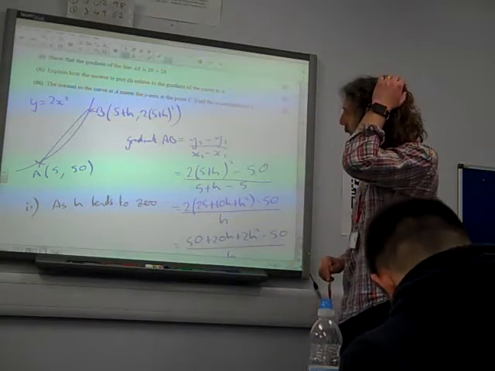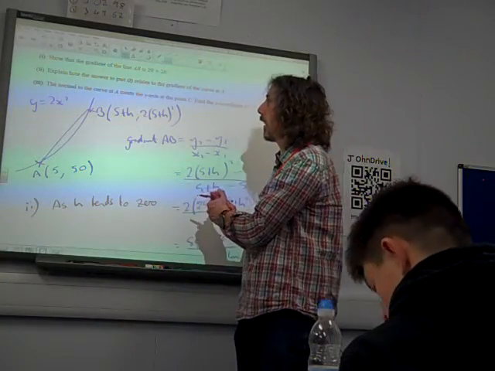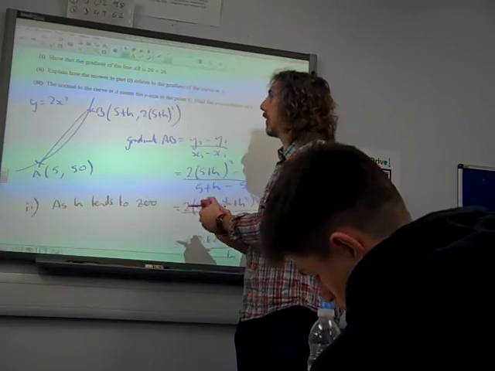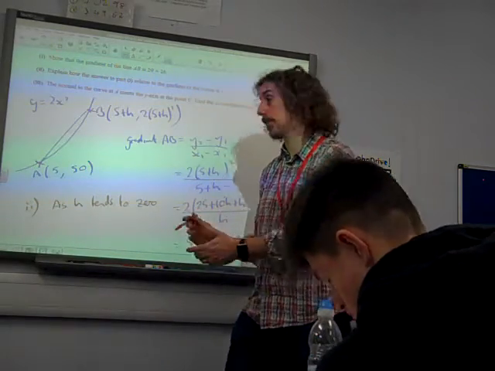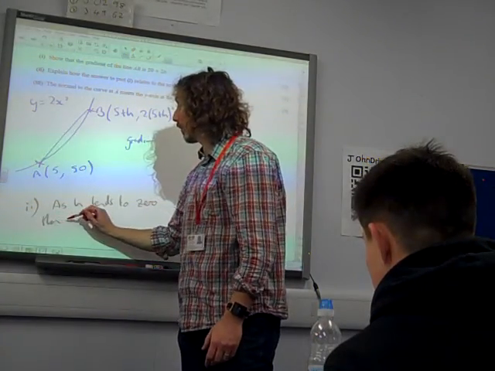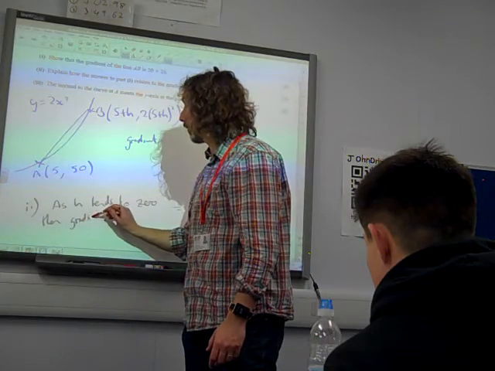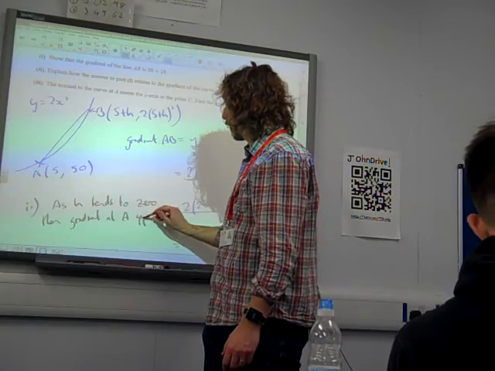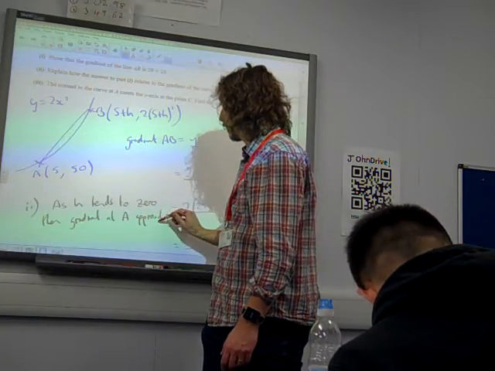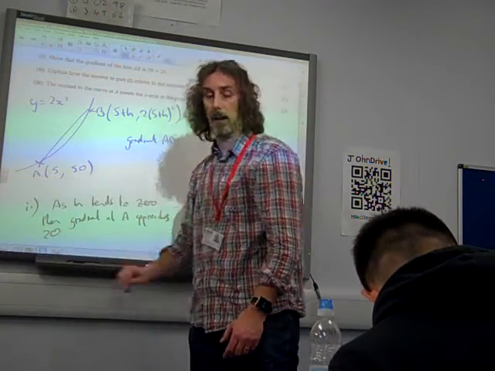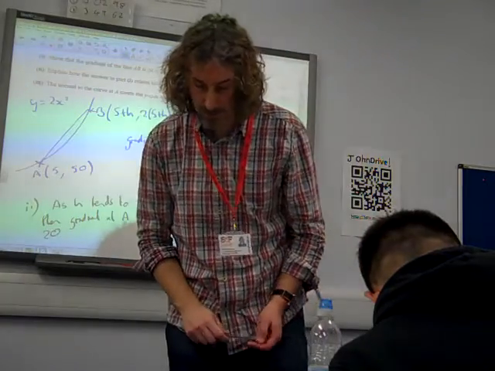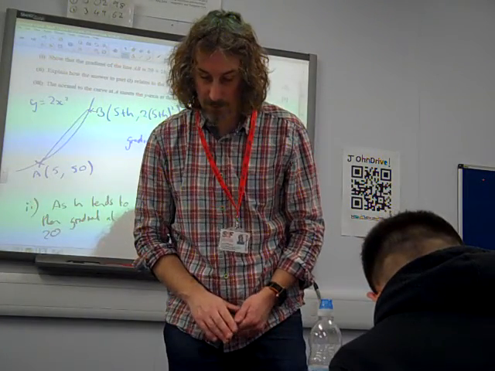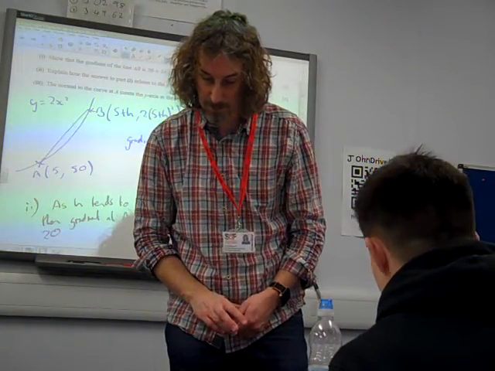If h is approaching 0, as these 2 points get close together, then the gradient would tend towards 20. The gradient at A approaches 20. The example that they gave was as h tends to 0, the gradient will be 20.